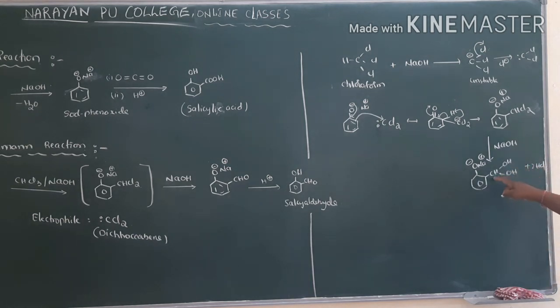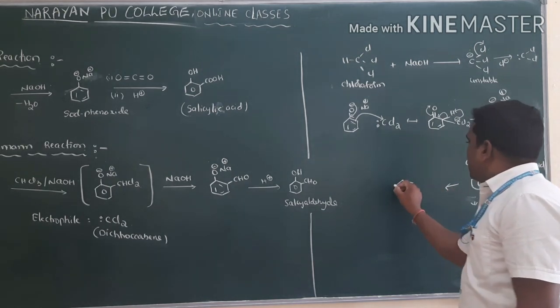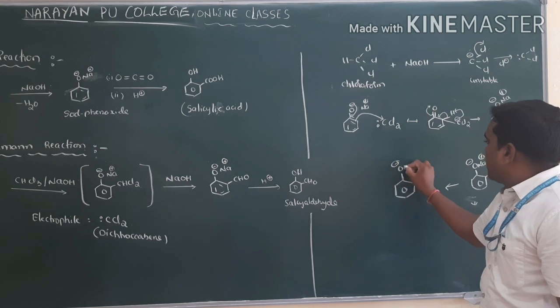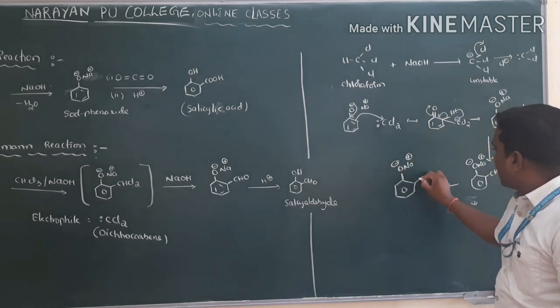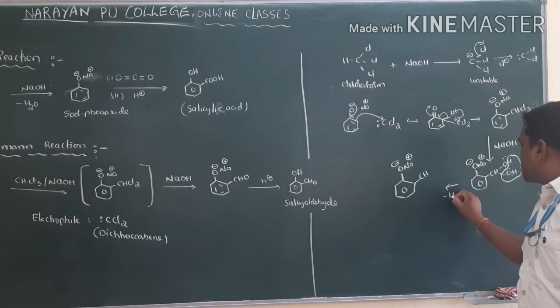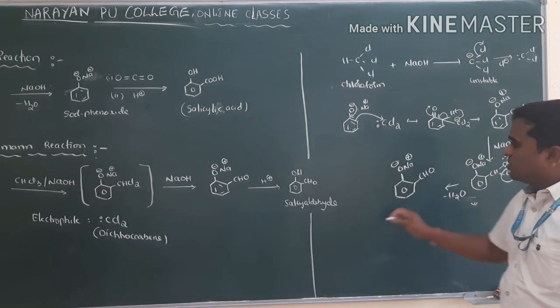And on the same carbon, if 2 OH groups are there, it is highly unstable because repulsions will be there. So to avoid those repulsions, 1 water molecule will be removed. Then you will get sodium phenoxide with CHO, minus H2O.